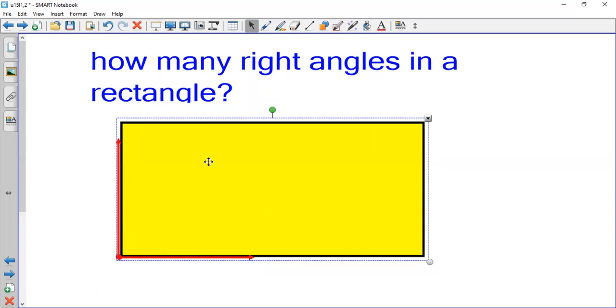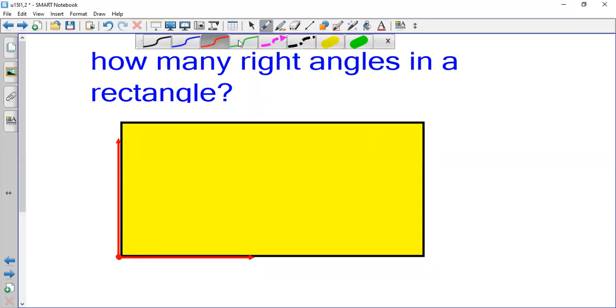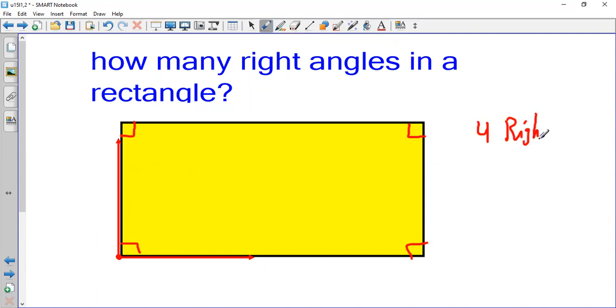So in this rectangle, I have four corners, and all the four corners are right angles. So in the rectangle, I have four right angles.